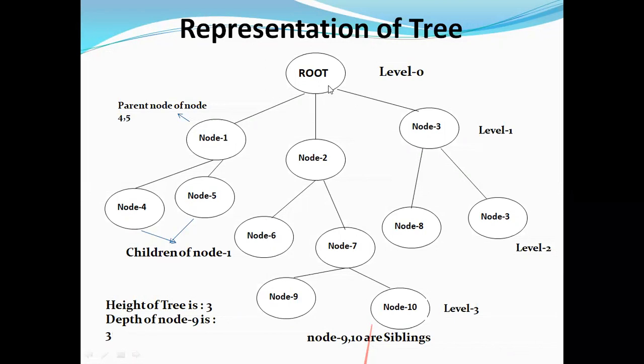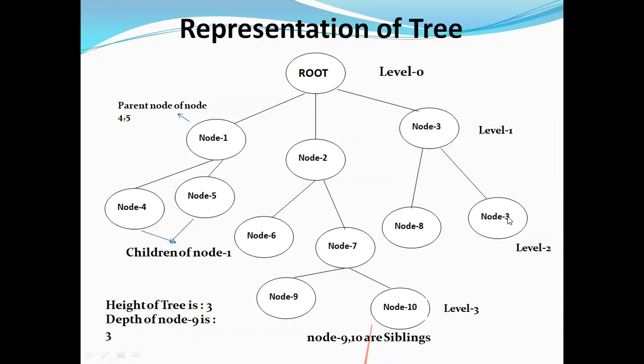Again, for the height of the tree, we start from root. One path is root, node 1, node 4. One path is root, node 2, node 6. One path is root, node 2, node 7, node 9. One path is root, node 2, node 7, node 10. One path is root, node 3 and node 8, and node 3 and another node, let's say.